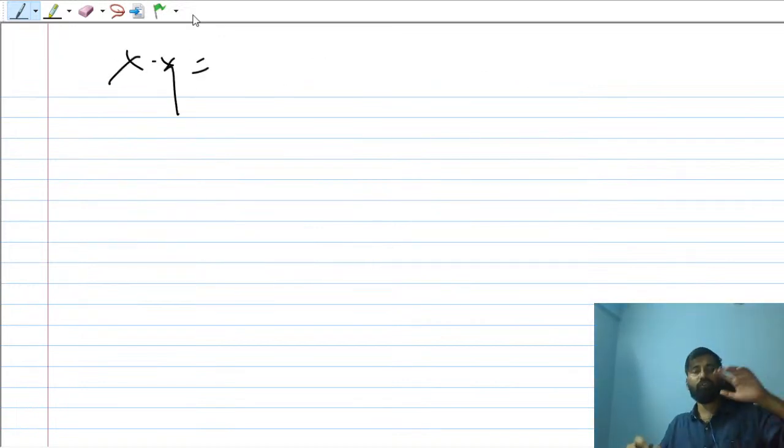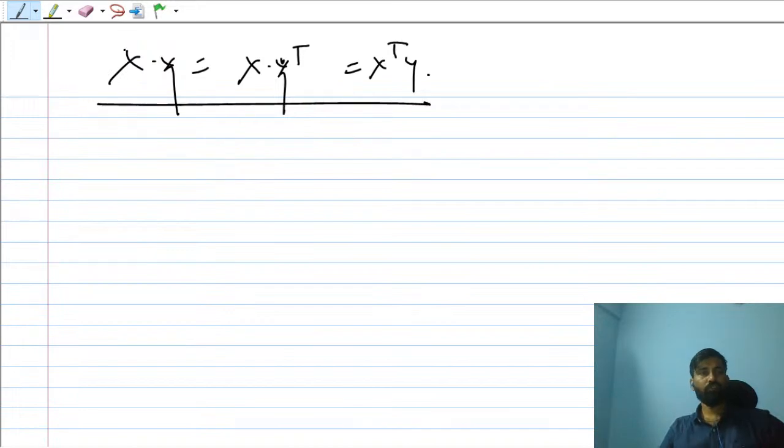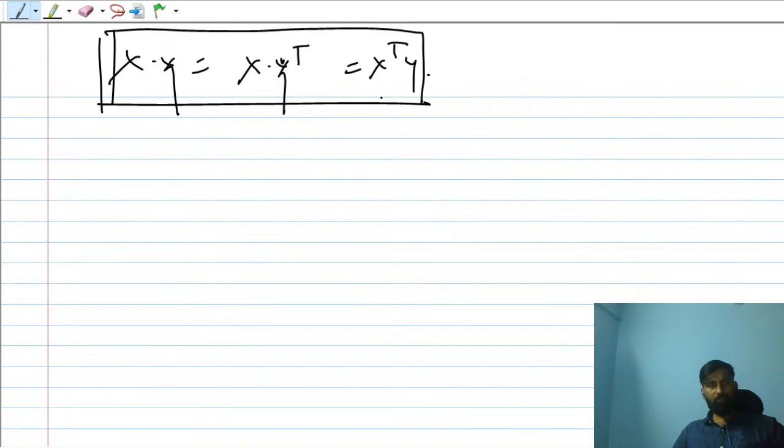So as we were trying to find the dot product of two vectors, what we have to do here is, remember, either you take x transpose y, or you can write x y transpose. So this definition is very important in terms of transpose of the matrix.